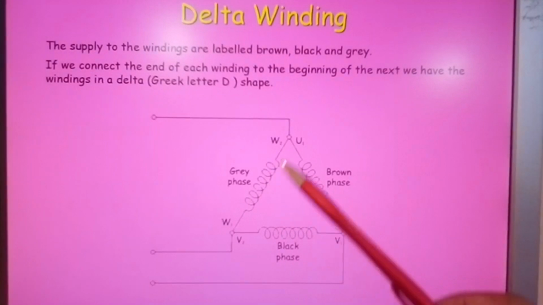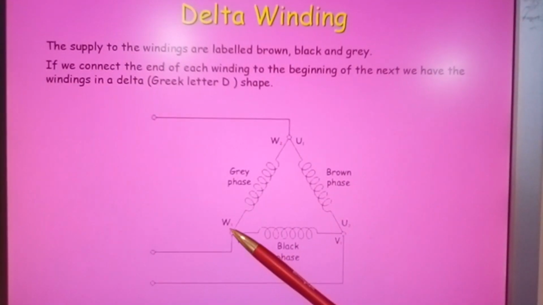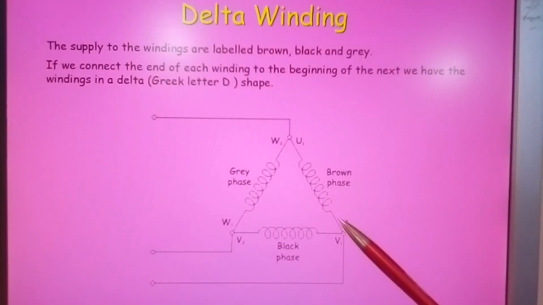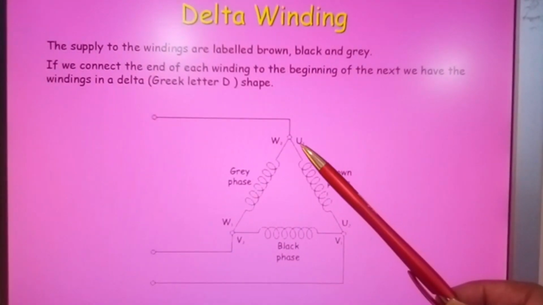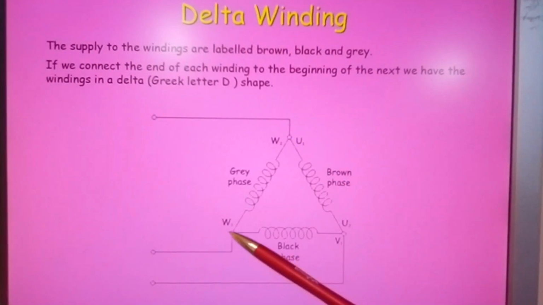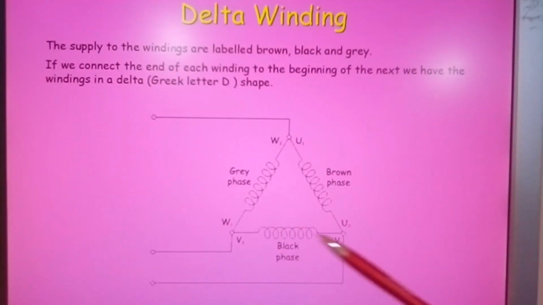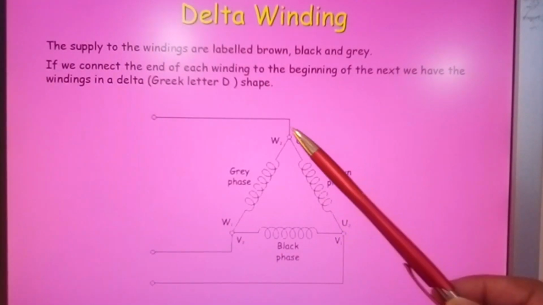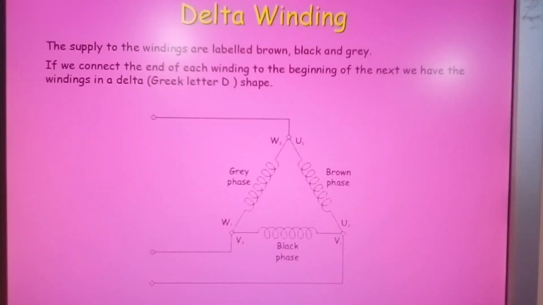One coil, let's take W2, W1, comes to one end. Then we have it connected to V2, V1 to U2, and W2 to U1. So you can see that it's connected in a delta connection.